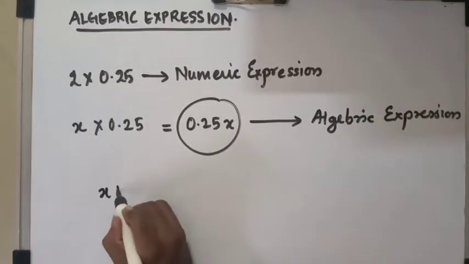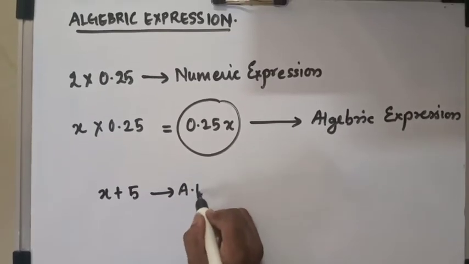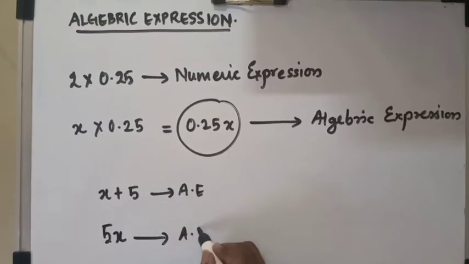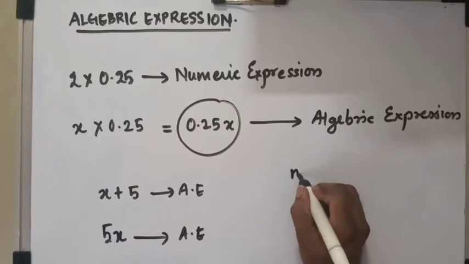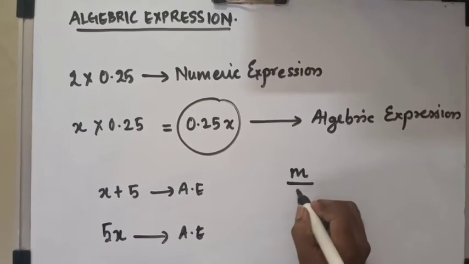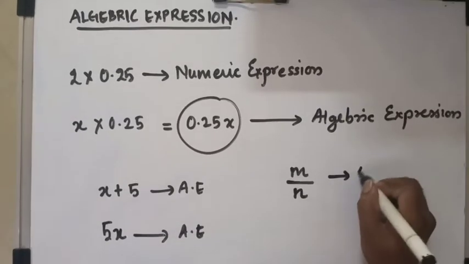For example, x plus 5. This is an algebraic expression. Say if you have 5 into x, this is an algebraic expression. Say I have m upon n, this is an algebraic expression.